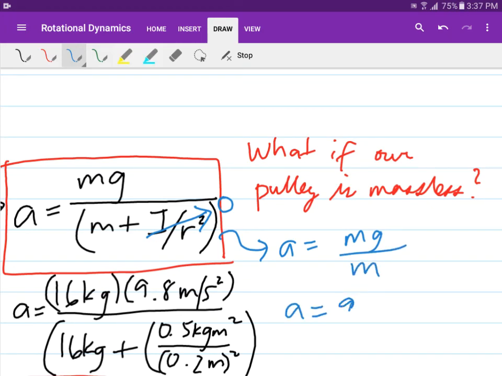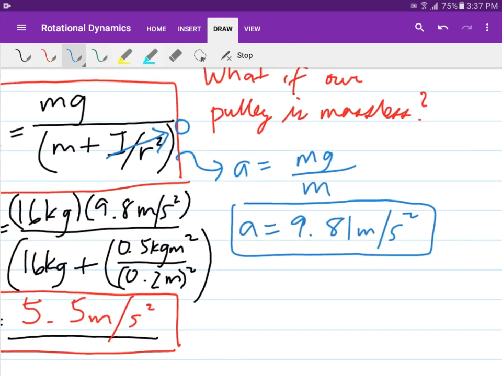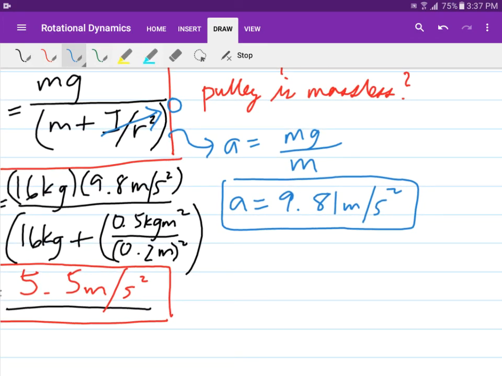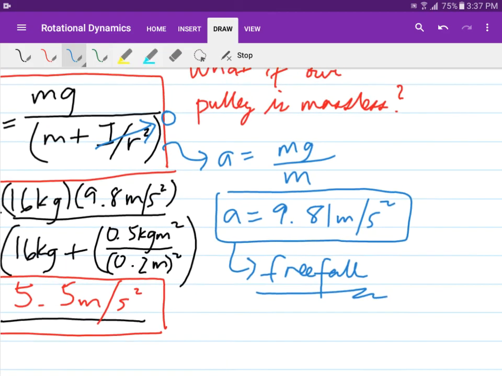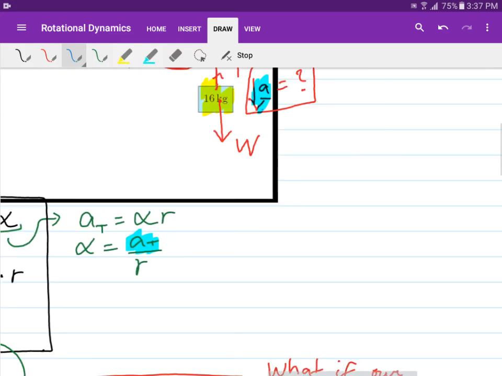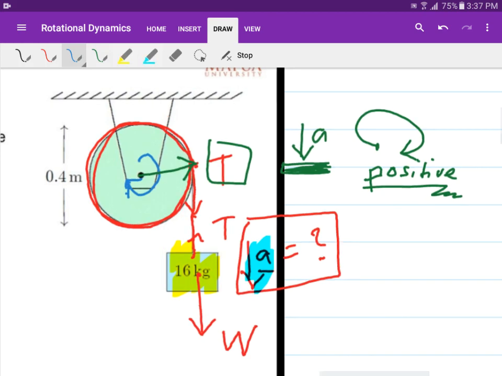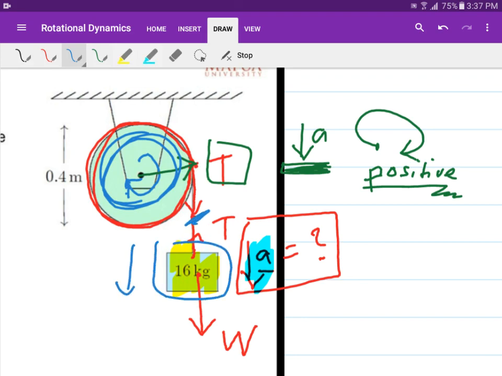Acceleration is g, 9.81 meters per second square. What we have now is an object in free fall. It's like saying that this flywheel has no effect on the motion of this object. That's why it is in free fall.